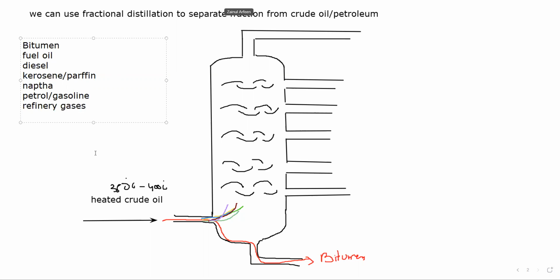So these are the fractions which are present in crude oil. A superheated crude oil at around 350 to 400 degrees centigrade enters the fractionating column. As it enters, the bitumen, which is still in a liquid state, will go out from the bottom. The remaining fractions will rise.